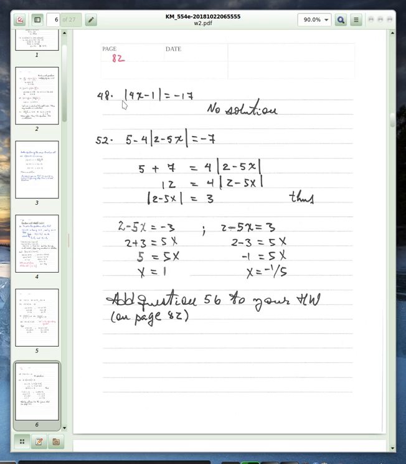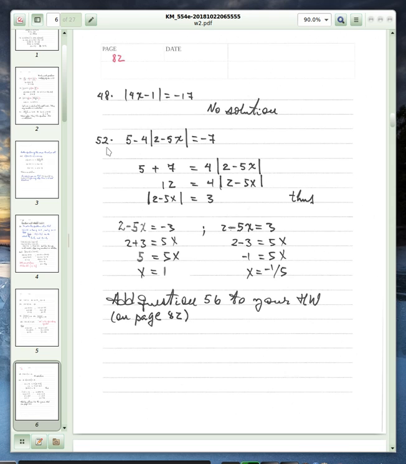In 48, they say the absolute value is negative 17. Now, listen carefully. Absolute value is negative 17. You immediately say no solution, because you know that the absolute value cannot be negative. So you stop.